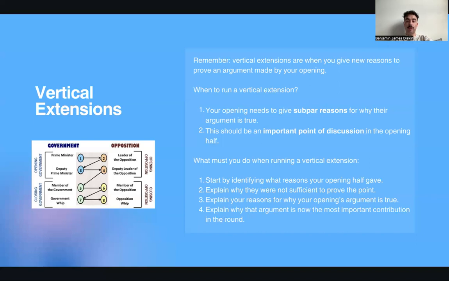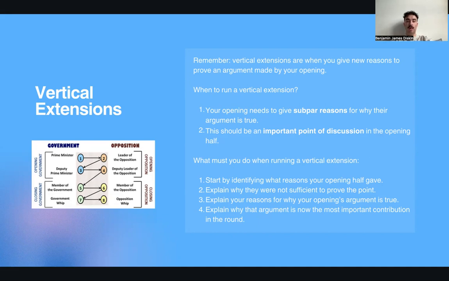And you would do that the way you would provide reasons for any other argument. You would set them out firstly, secondly, thirdly, as you are used to. The final thing that you do at the end of a vertical extension is you explain why that argument is the most important contribution in the round, which, as we've discussed, largely involves impacting and weighing.